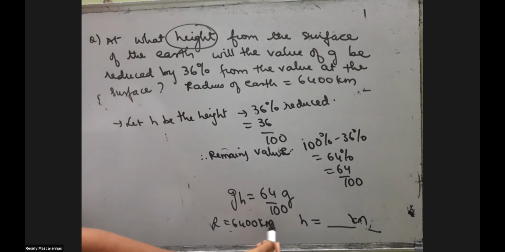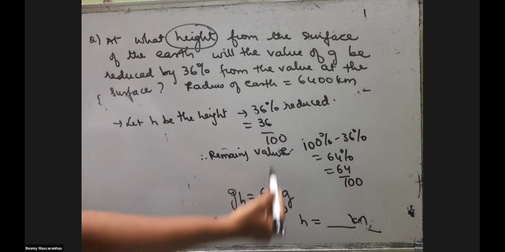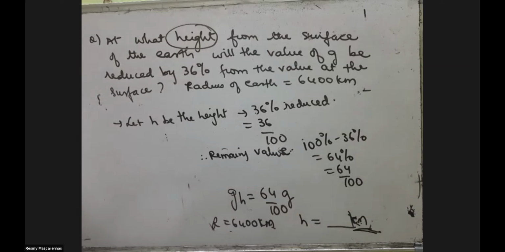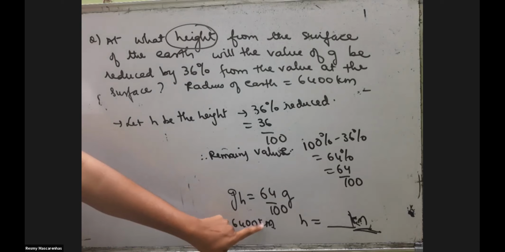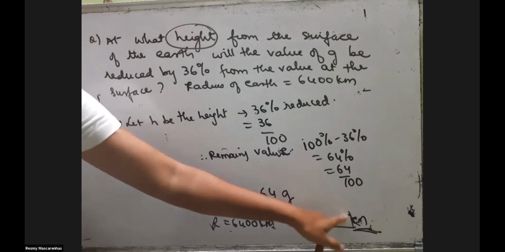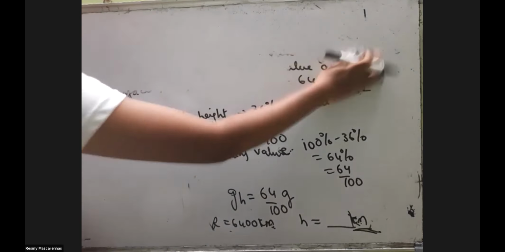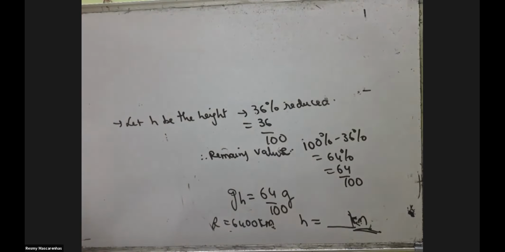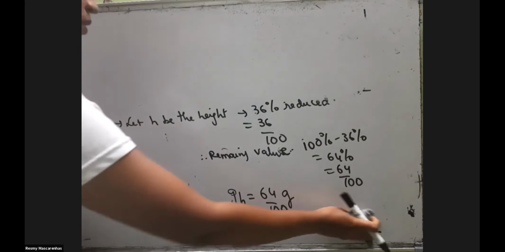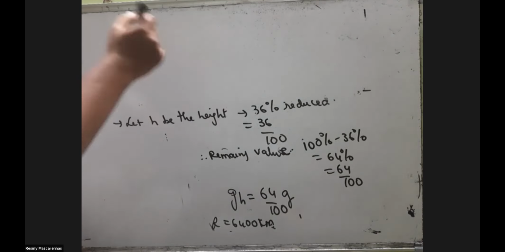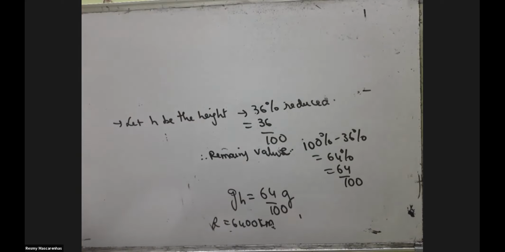If you are using meters, into 10 raised to 3, here also into 10 raised to 3 will come. So use the value r we know, that is 6,400, gh also we know.